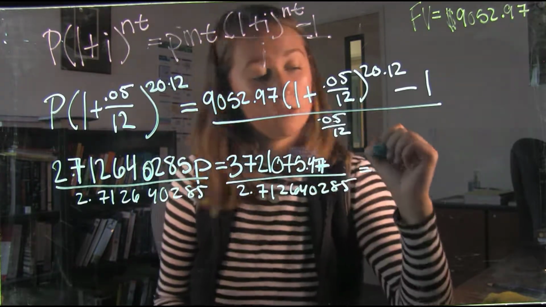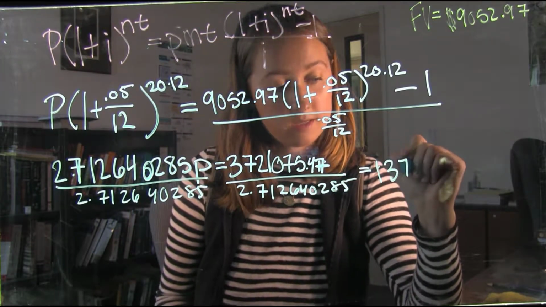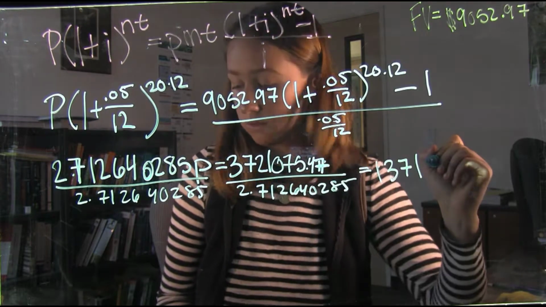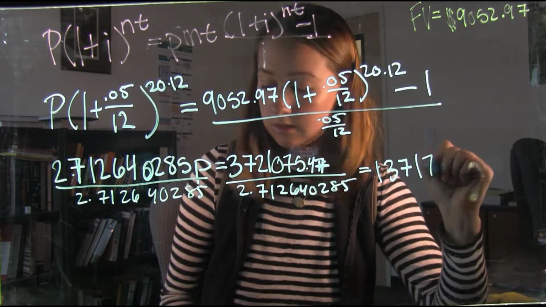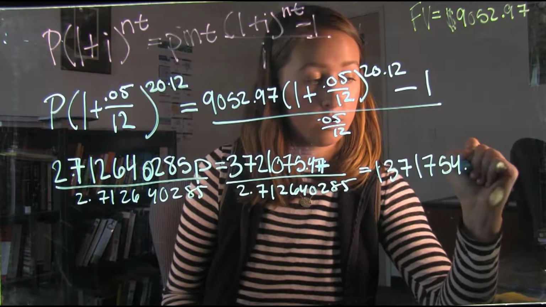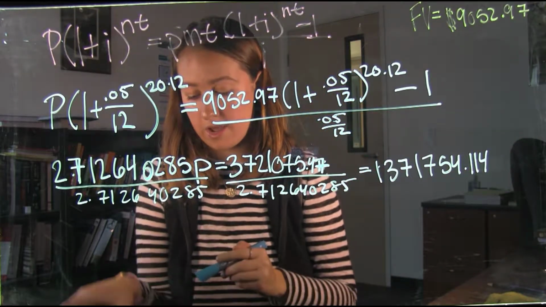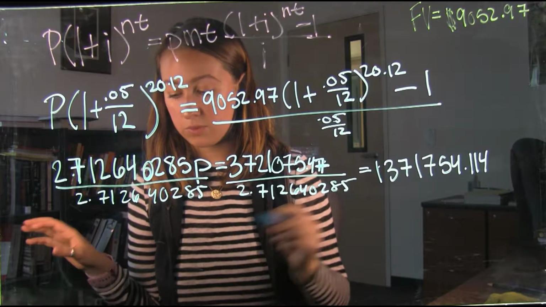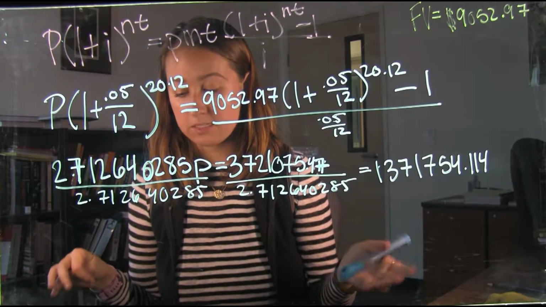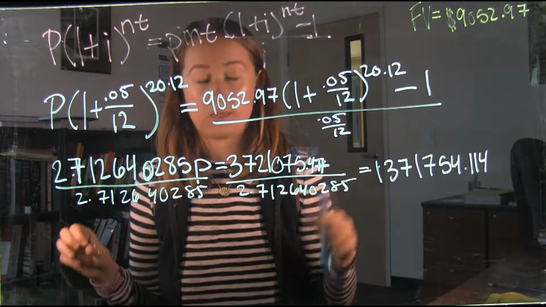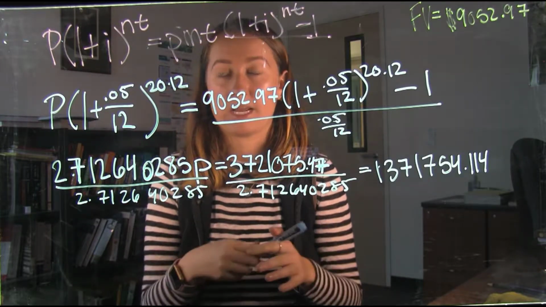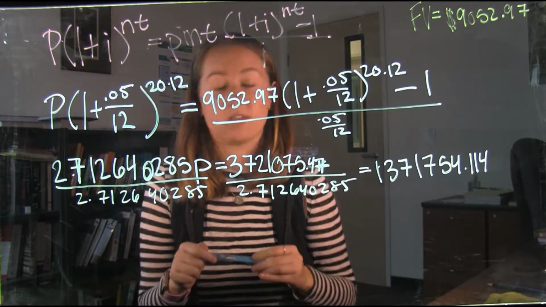That is 1,371,754.114, and that number is how much we need to have in our retirement account to be paid out equally, to get equal monthly payments paid out to us during the 20 years that we're retired.